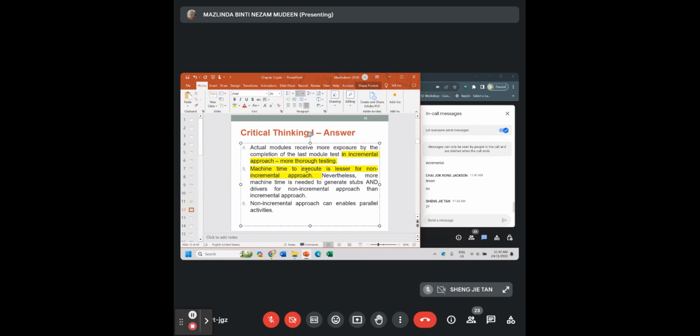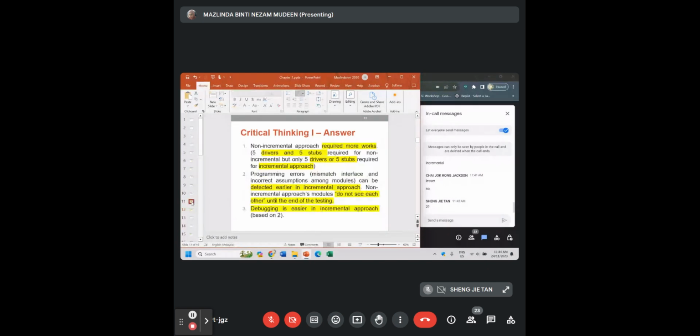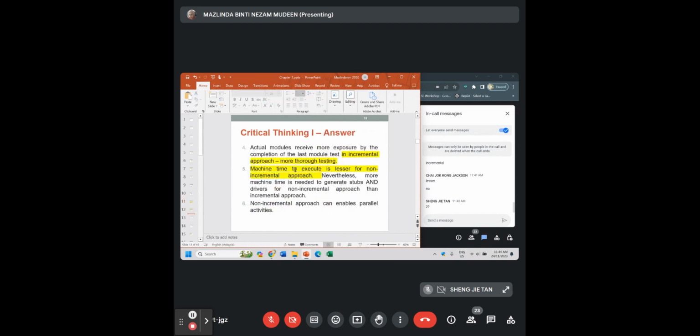But the machine time can actually be used for two purposes. One is for the test execution. One is for generating the stubs and drivers. Remember, just now we talked about it in the first point. Since in our first point we already know non-incremental will need both of them, the machine time used to generate the stubs and drivers will be more in the non-incremental approach compared to the incremental approach.